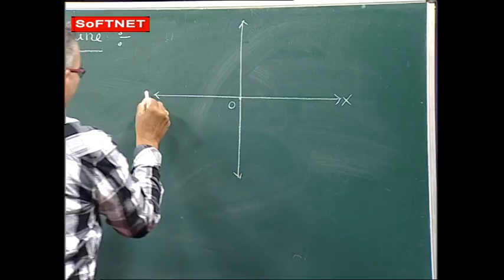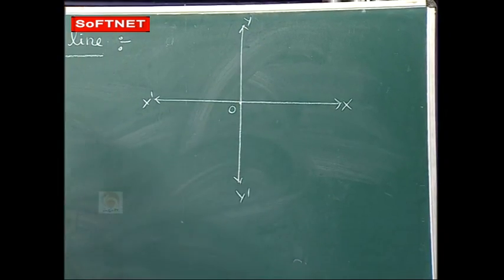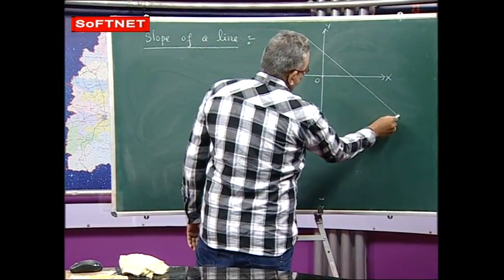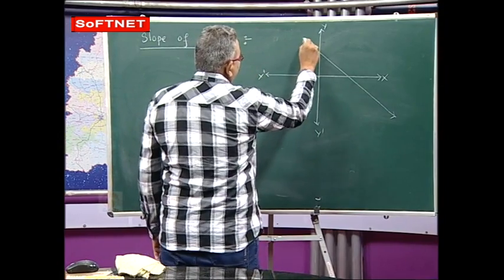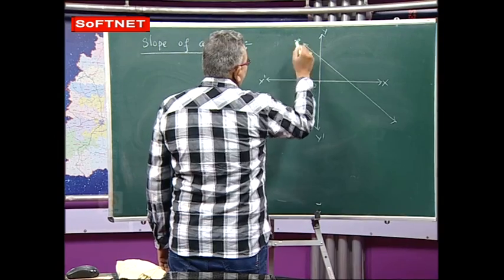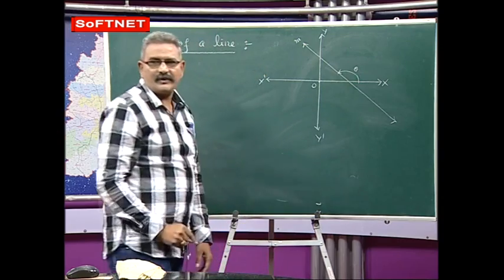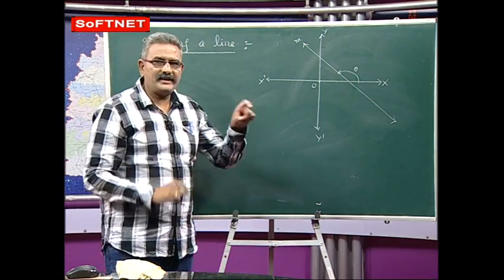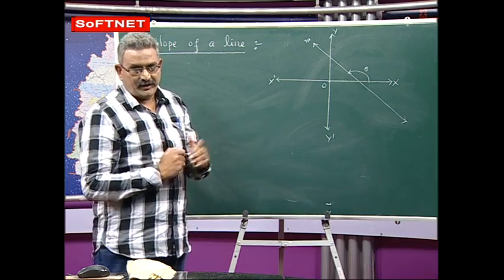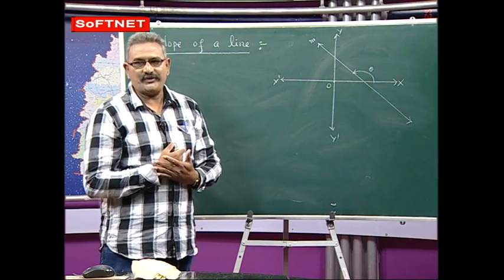X, x dash, y and y dash. Suppose a line makes an angle like this, say this line is M. This is theta. See, in the previous case theta is acute, that lies between 0 to 90 degrees. If you observe theta here, that is more than 90, that is obtuse.